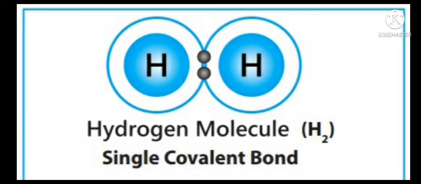In order to attain the nearest noble gas configuration, the two hydrogen atoms undergo mutual sharing of one electron and hence form a covalent bond between two hydrogen atoms. Here one pair of electrons is shared, hence it forms a single bond. Single bond is formed in hydrogen molecule. It is shown here.